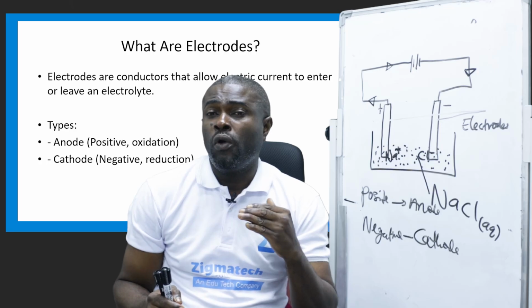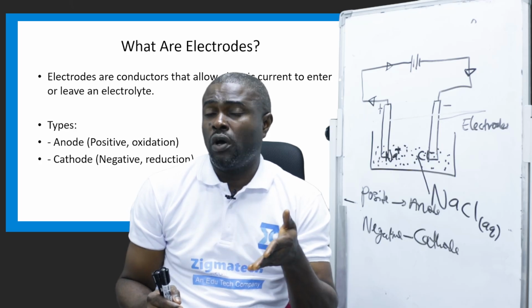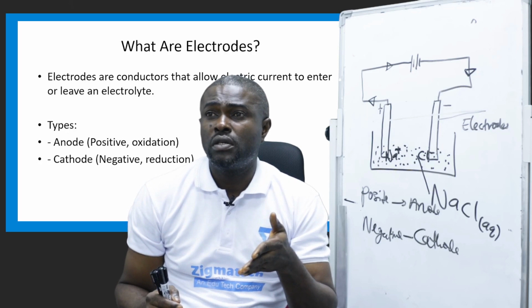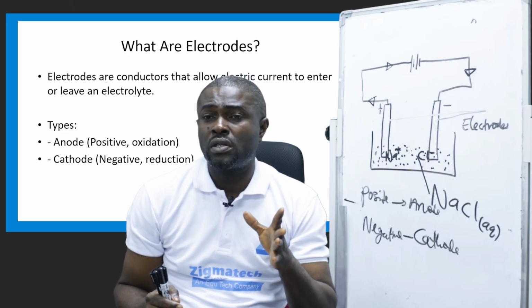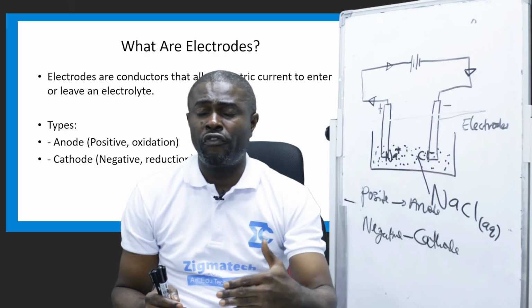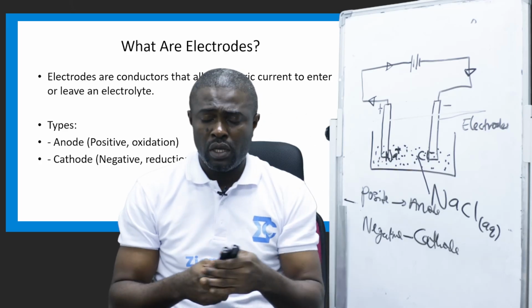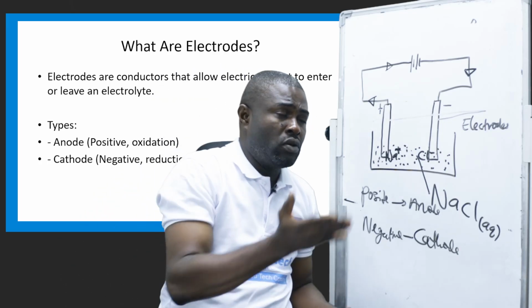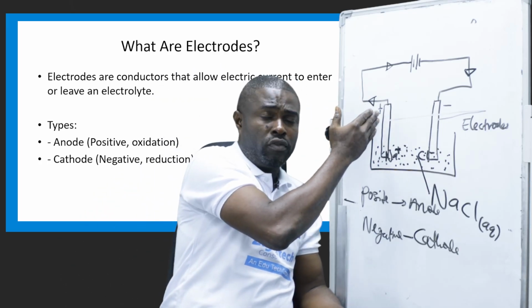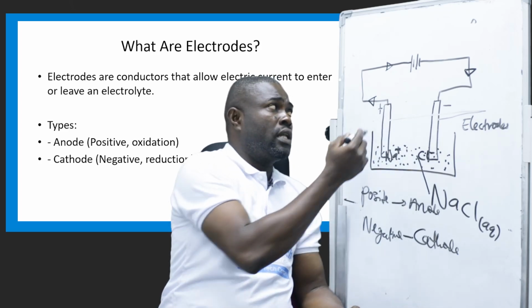Now, we have done oxidation and reduction reaction. If you remember, we discussed oxidation reaction as what? A reaction where there is a loss of electron, where electron moves out. Since we said at the anode, electron moves out from the anode, as I have already shown you in the diagram here, that is the flow of electron.